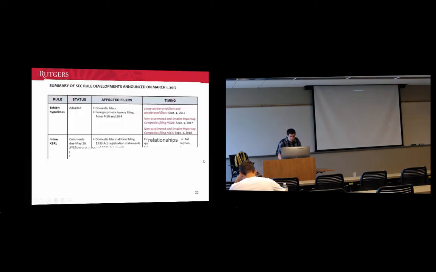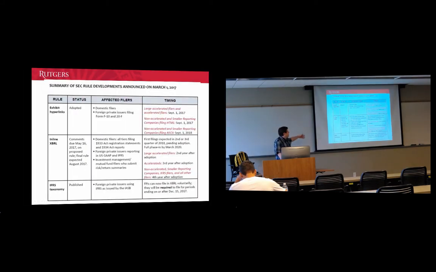So this is the idea. This is the requirements by the SEC for people to start putting their inline XBRL into their financial statements. As I already mentioned, XBRL itself is already mandatory, but inline XBRL is not quite mandatory yet.